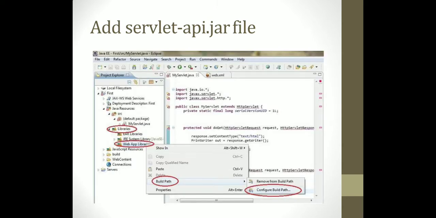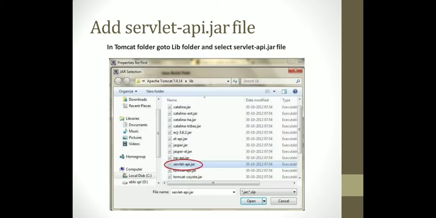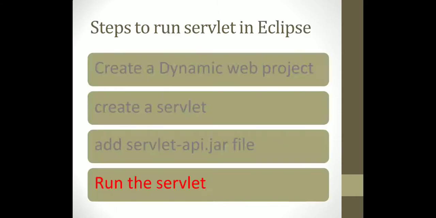You need to add these files with the build path by configuring the build path. Then add the external jars, whatever jar you need to add. Servlet-api.jar is a very necessary servlet file that should be added into your dynamic web project.